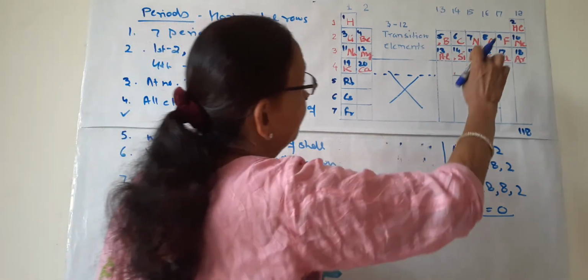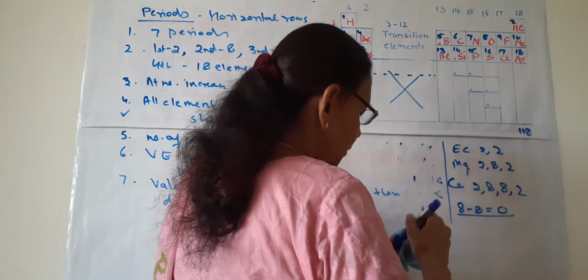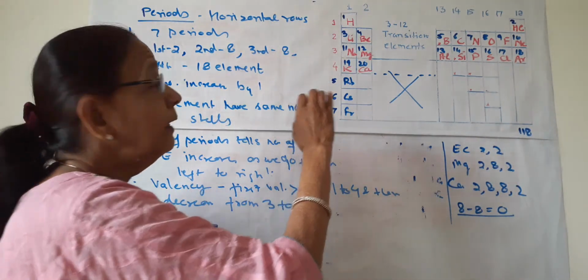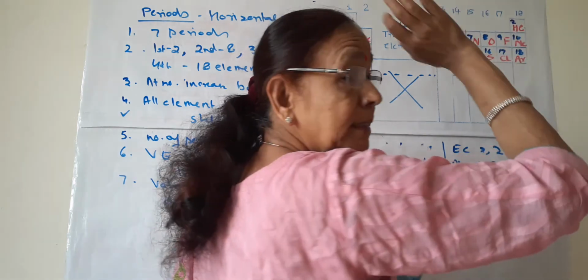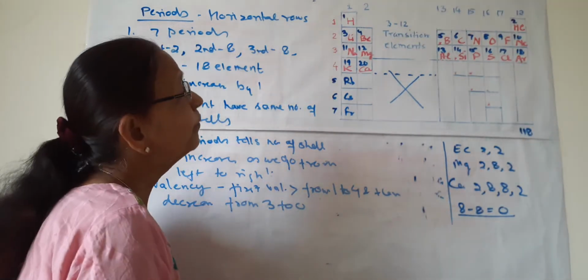After 4, the valency will be 3, 2, 1 and 0. So about valency in a period, first it increases up to 4 and then it decreases to 0.